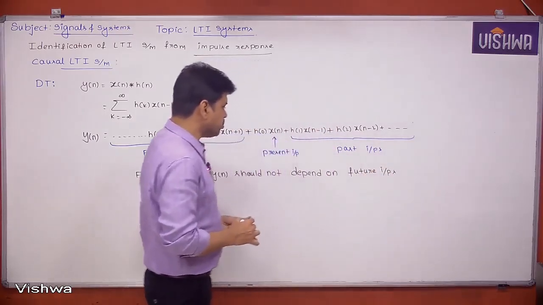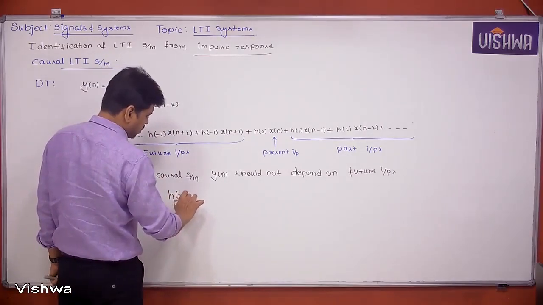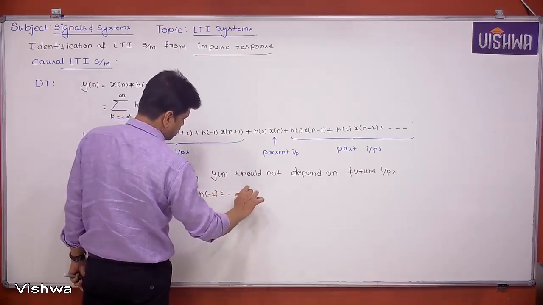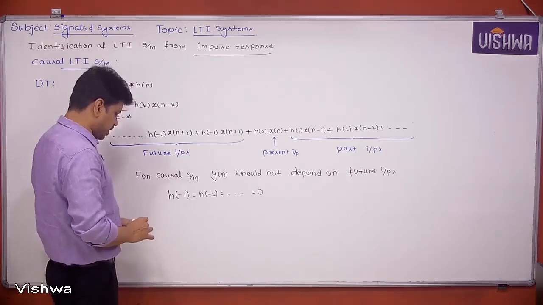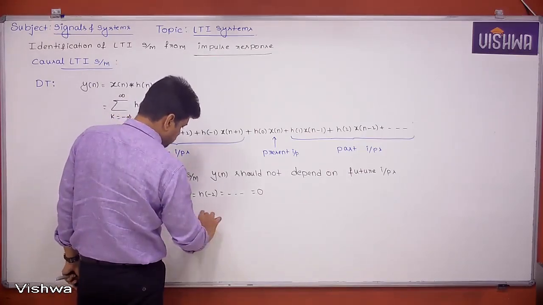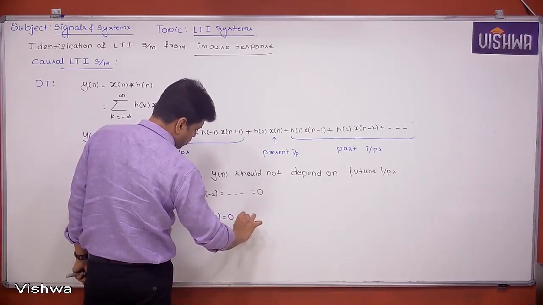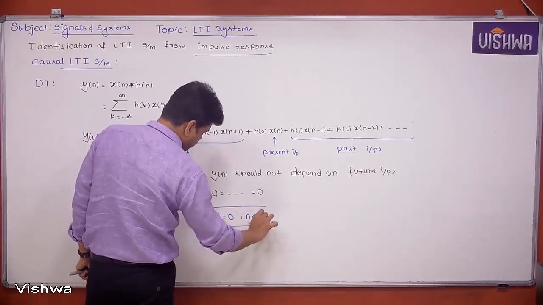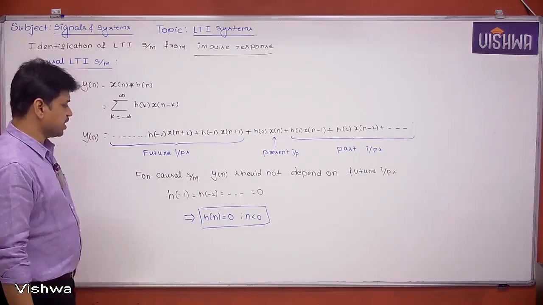So if it should not depend on future inputs, from that I can decide h of minus 1, h of minus 2 and so on has to be 0. These things have to be 0. In general, I can write like this. That implies h of n is equal to 0 for n less than 0. So this is the condition on h of n so that the system becomes a causal LTI system.